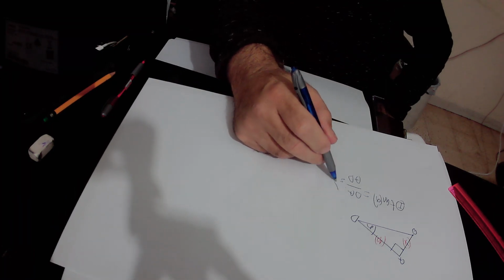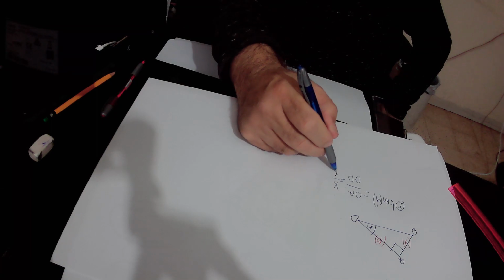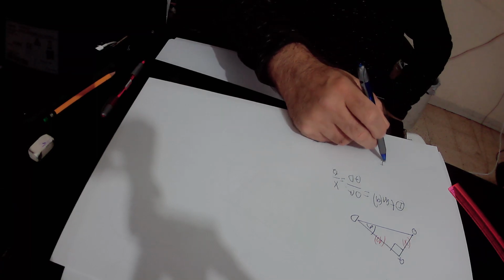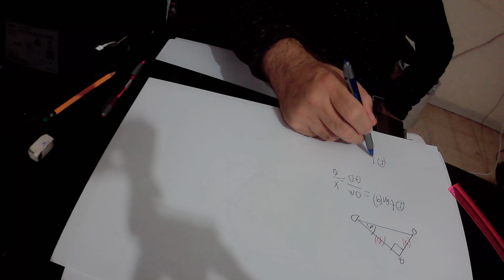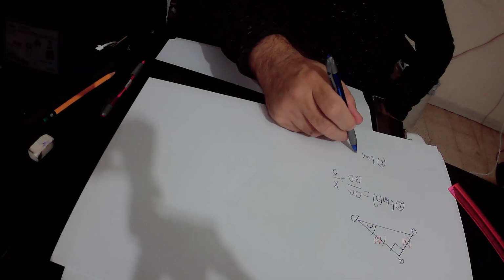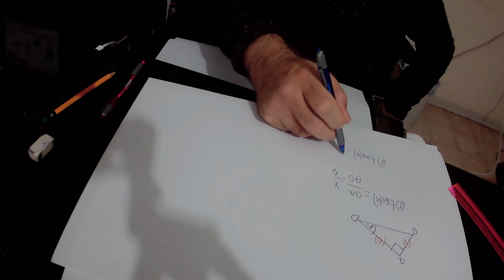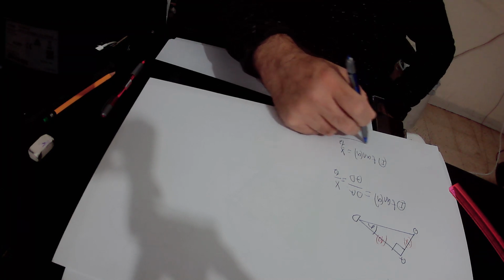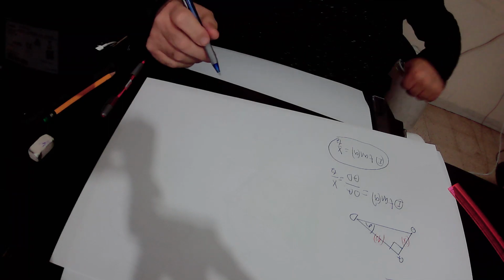OQ equals x and QD equals 12. So you can say that the tangent alpha in the triangle OQD equals x over 12. This is equation number 1.